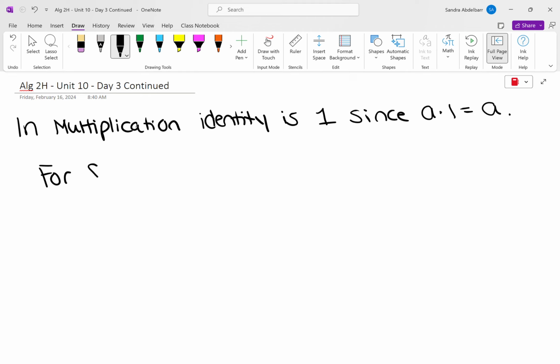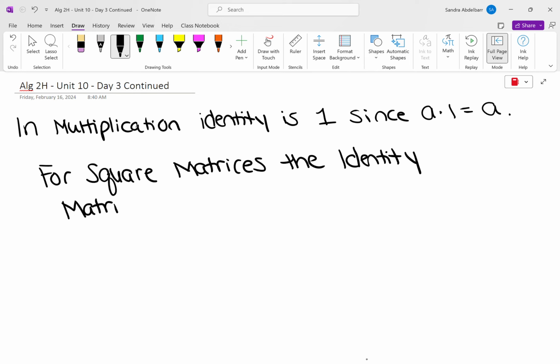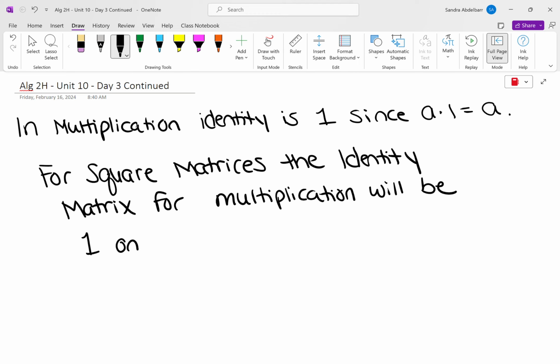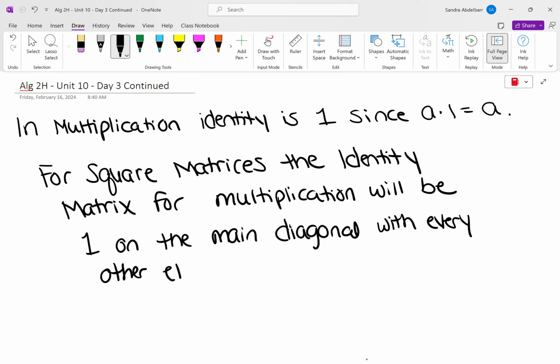So for square matrices, the identity matrix for multiplication will be 1 on the diagonal with every other element being 0.